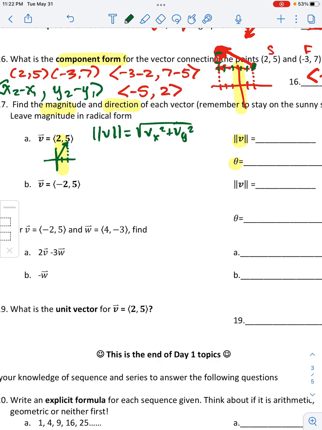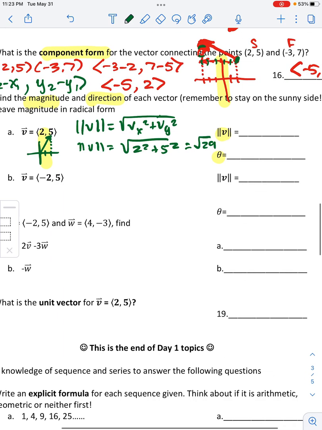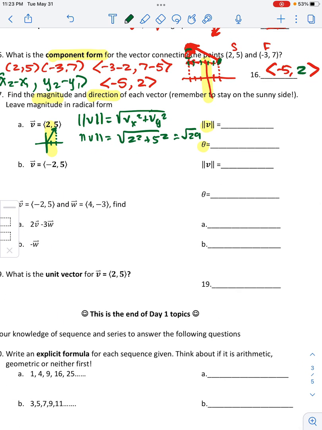But it's the same exact thing as we did to find r before. So I'm going to be taking the square root of 2 squared plus 5 squared. So that's going to be 4 plus 25, so root 29. And that doesn't reduce, so I just leave it like that. So that is going to be the magnitude.